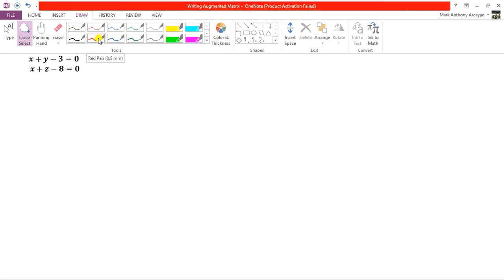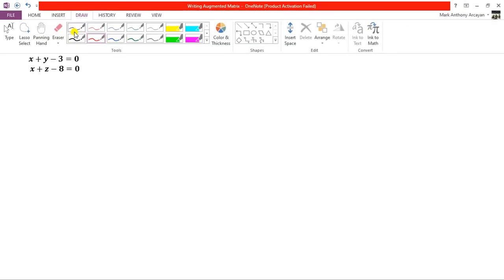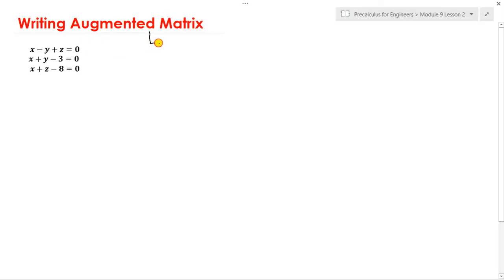So when we say augmented matrix class, actually mao ni siya ang gitawag nga converted form sa atong system of equations.